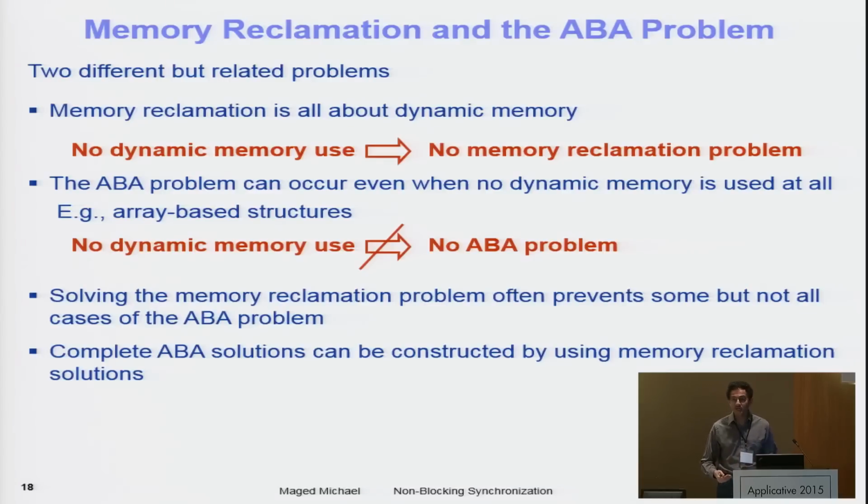At the same time, it can come for free to get an ABA solution. Another thing is that a complete ABA solution can be constructed by using memory reclamation solutions. Even if you have, let's say, a static structure, you could use an extra level of indirection to construct a complete solution to the ABA problem.